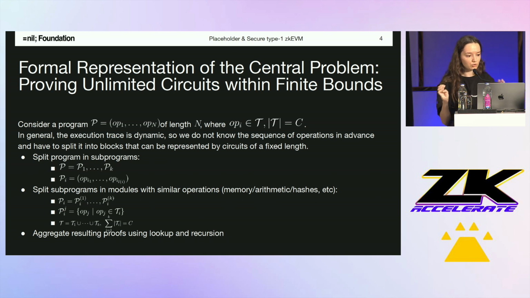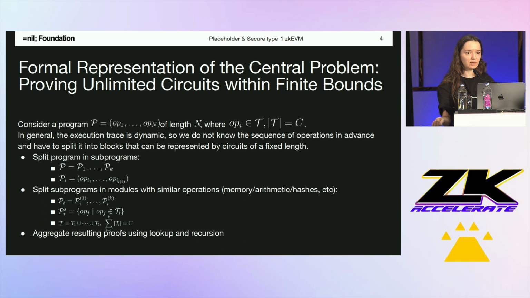What we should do is, it's not a so complicated algorithm, but firstly we need to split our programs into several blocks. You can think about it in the simplest way: one opcode, one circuit. For example, we have an exponentiation instruction, we have an exponentiation circuit.